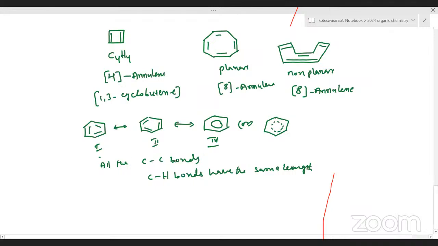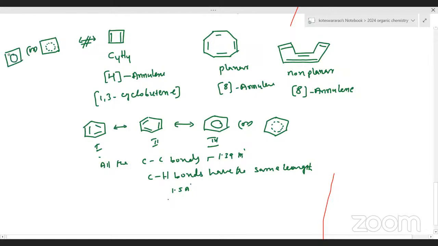That is 1.39 angstroms for the CC bond, and almost 1.5 angstroms for the CH bonds. Okay, but when you come to this [4]annulene, it will not be shown in any way like this, by a resonance hybrid structure or in this way.